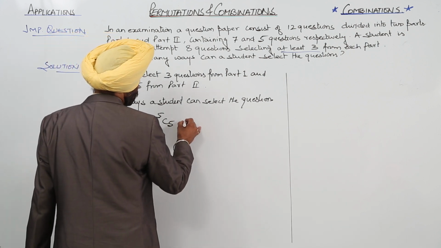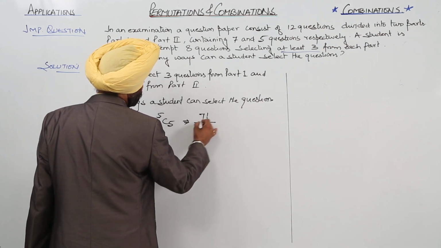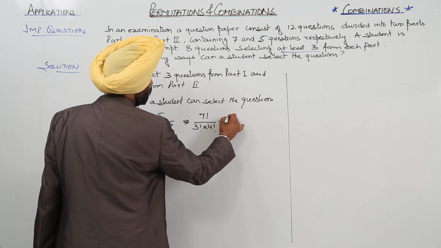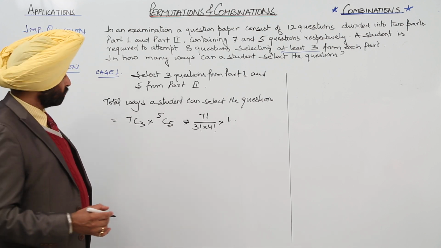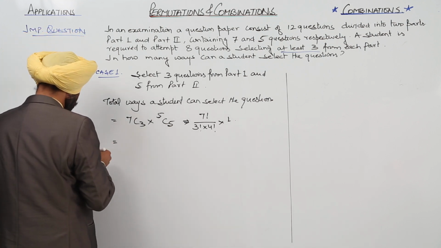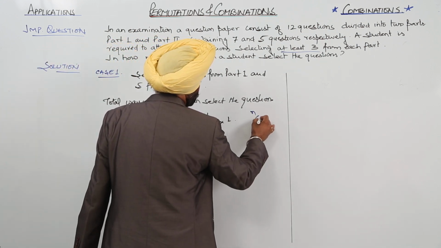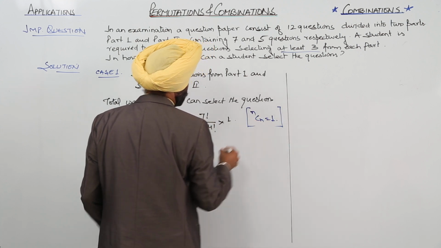On solving, what we are getting is 7 factorial upon 3 factorial times 4 factorial into 1, because 5C5 is 1, okay. NCN is equal to 1, or we can write 5C5 is 1.